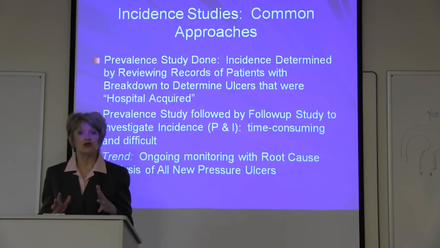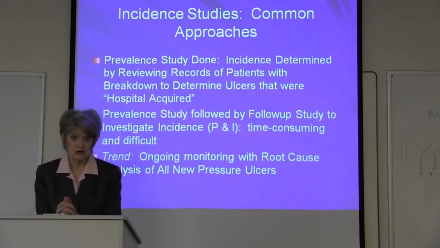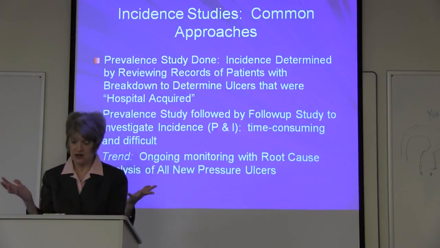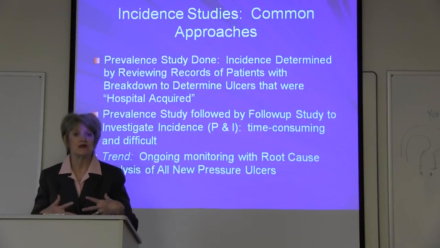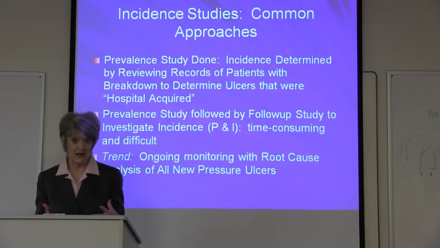What you do is you have to enlist the entire nursing staff. You have to make prompt reporting of any possible pressure ulcer non-punitive. You've all got to be on the same page. It's like we have to be a team. You have to be able to say to your nursing staff, one of the most important things is to catch a pressure ulcer really early.